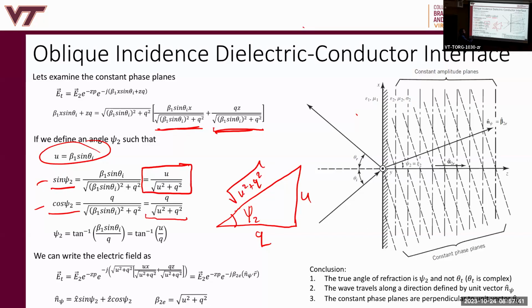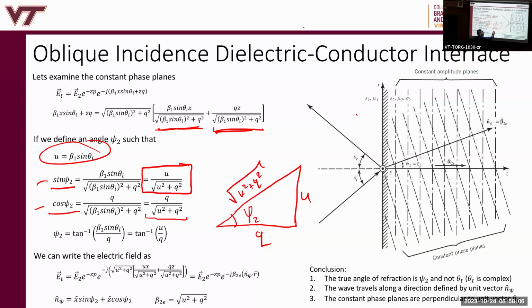Yeah, maybe. What you can do here is define a triangle, right? Here's the general expression that we derived before. If I make U equal to beta 1 sine theta 1, then I get U x over the square root of U squared plus Q squared. So this will become sine of psi 2 times x, and this will become cosine psi 2 times z. The way I can write this quotient is to define psi 2 in a triangle.